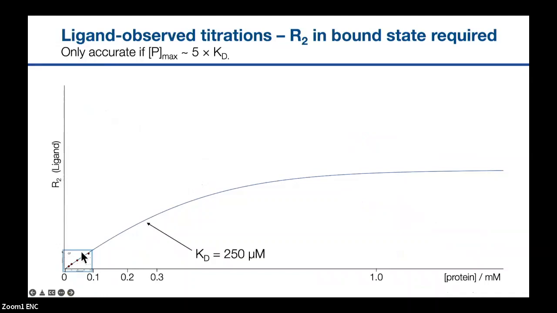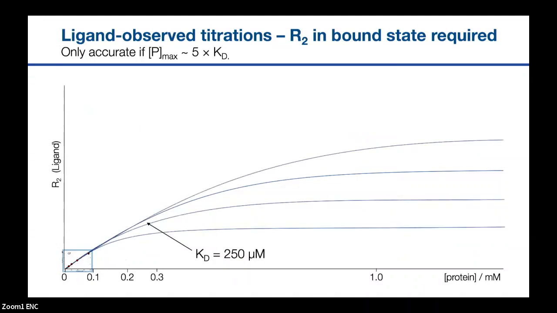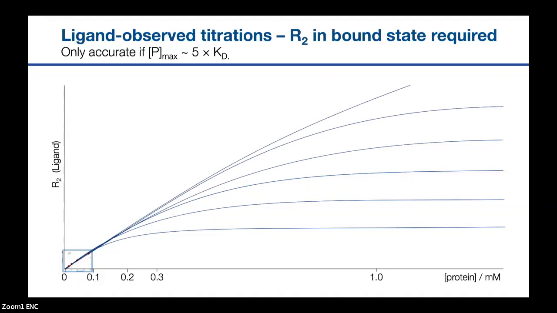What one needs to do, obviously, is to follow the entire curve until it plateaus. So if you have a KD of 250 micromolar, it's going to plateau at about 1 millimolar protein concentration. Most proteins that we work with, we cannot concentrate to 1 millimolar, let alone produce these amounts. And this curve fits these points that we recorded very nicely, but so do all of these curves. And they range 2 orders of magnitude in KD.